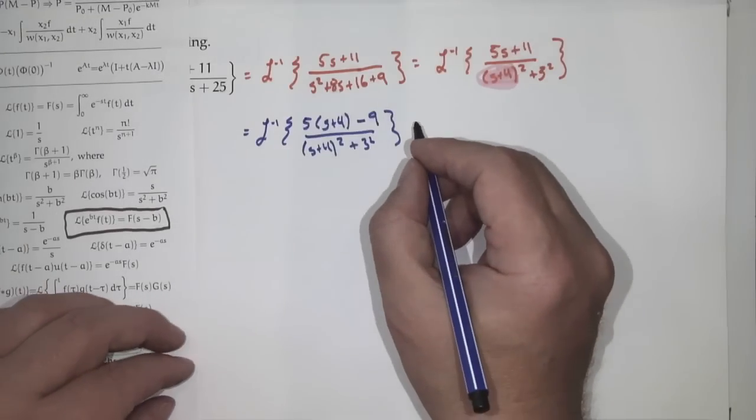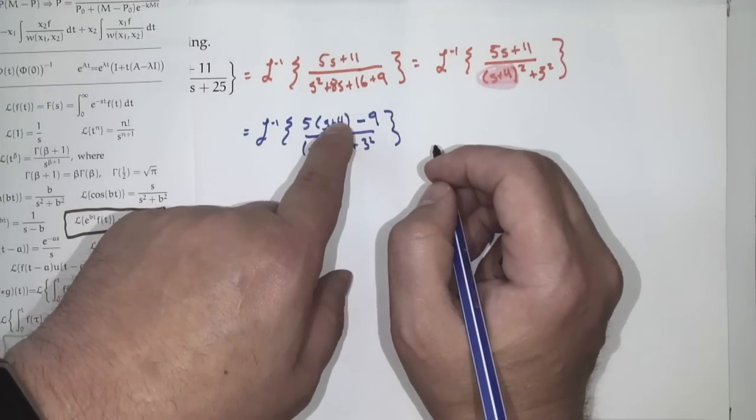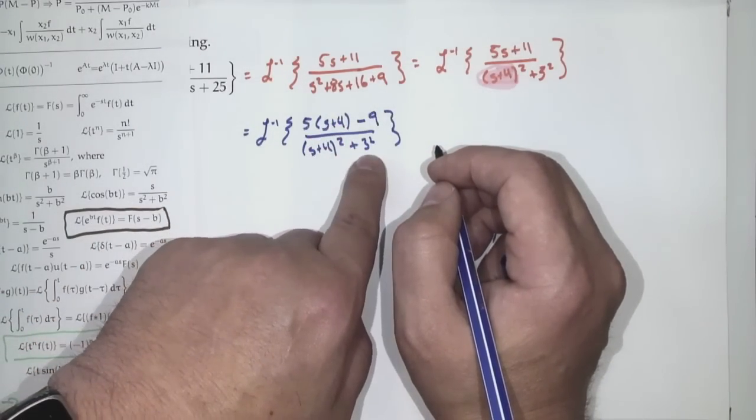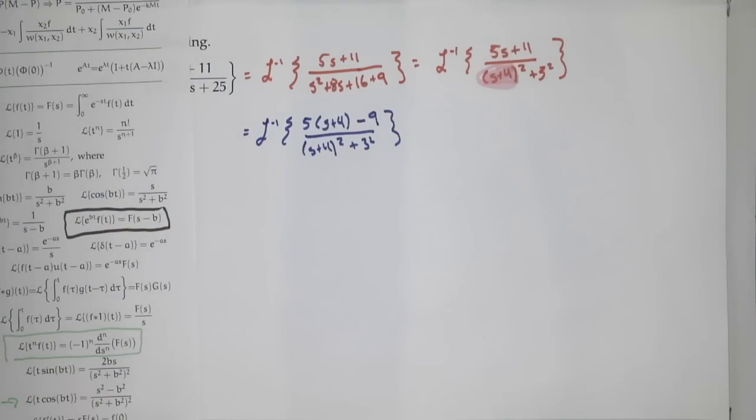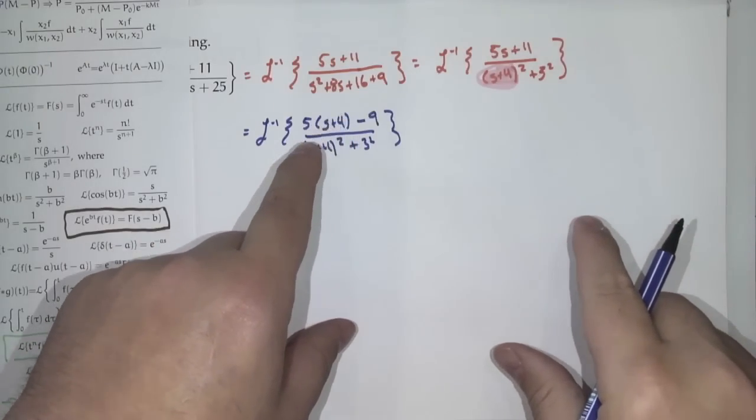So we're going to break this up into two pieces. We're going to have the s over s squared plus 3 squared. Now I said s, even though I didn't point to s plus 4, but we kind of squint our eyes and say, well, it's kind of like s over s squared plus 3 squared.